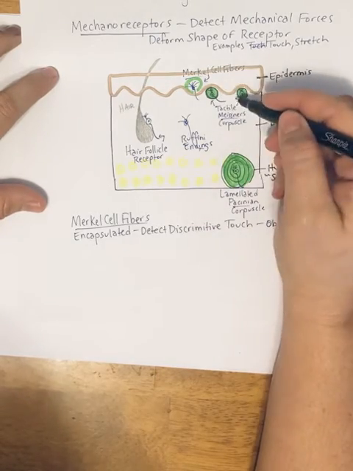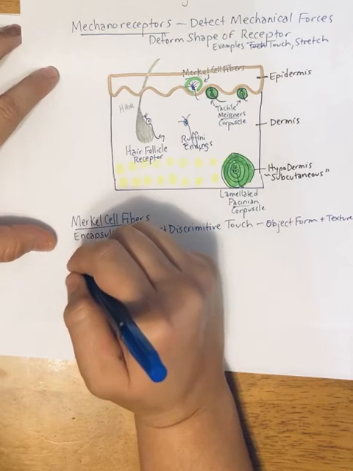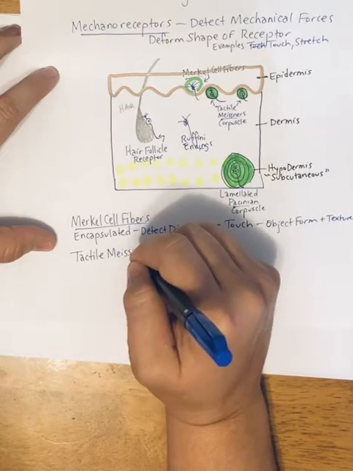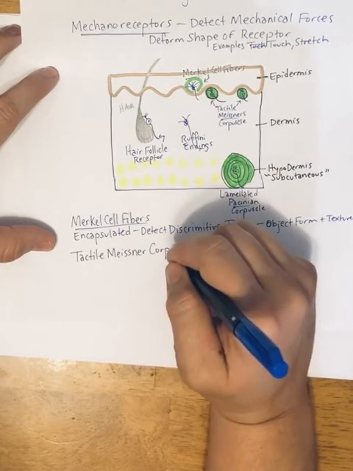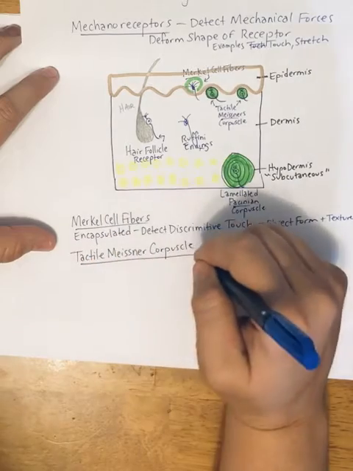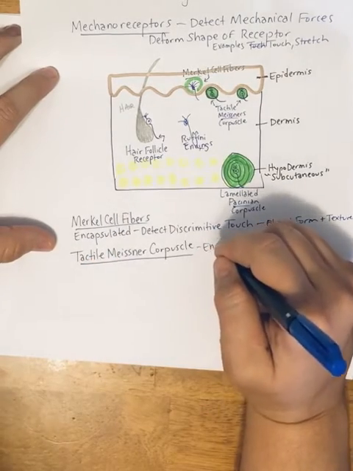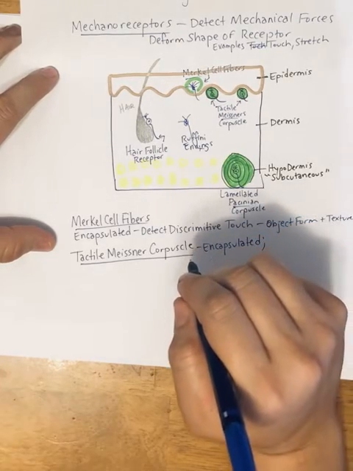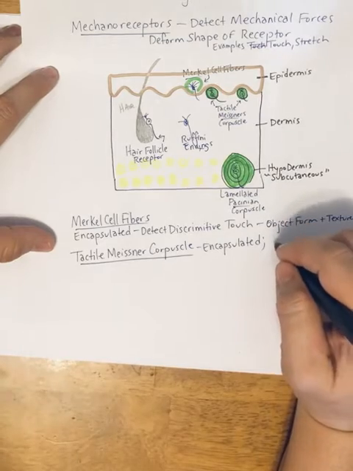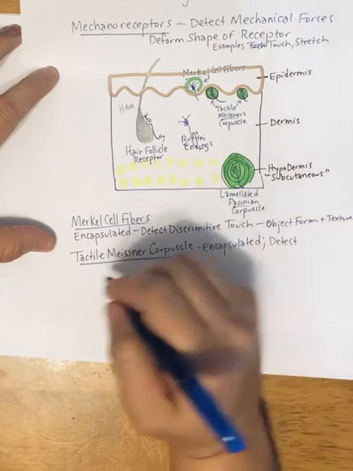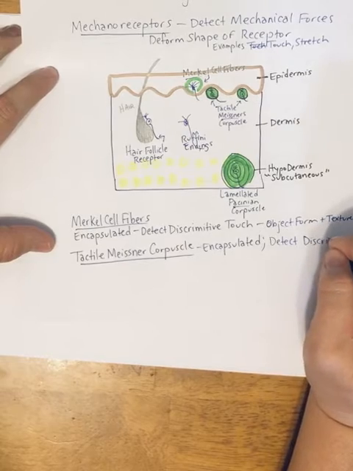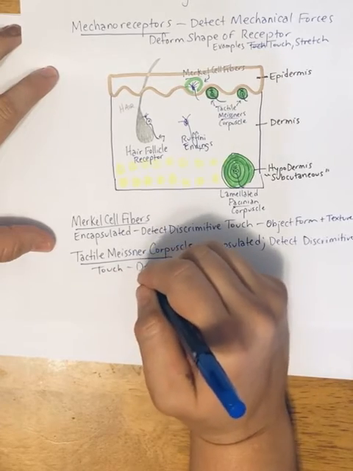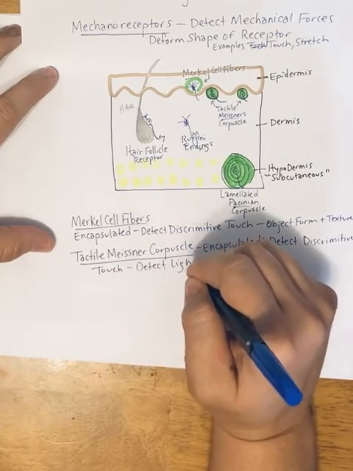Now the one right underneath it, called tactile Meissner's corpuscles, corpuscle means it's encapsulated. These also are going to do discriminative touch. But more than that, these are going to detect light touch.